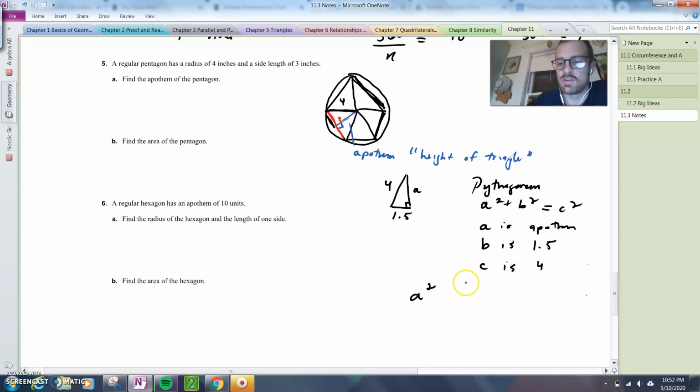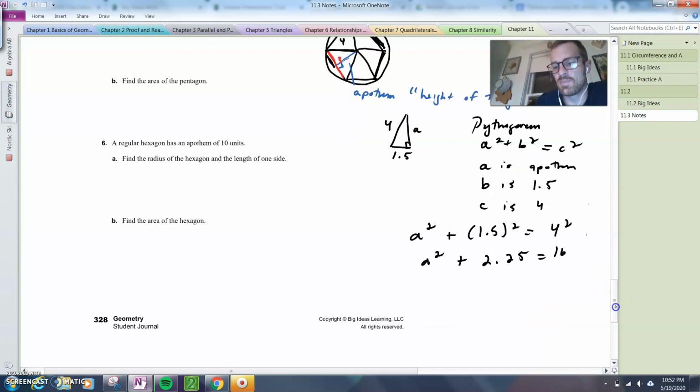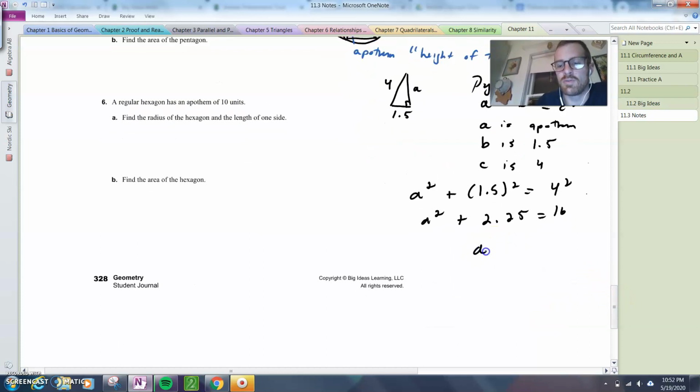A squared just stays the same way, plus 1.5 squared equals 4 squared. Simplify here. I get A squared plus 2.25 equals 16. Subtract 2.25 from both sides. I'm going to get 13.75. I then need to take the square root of both sides.